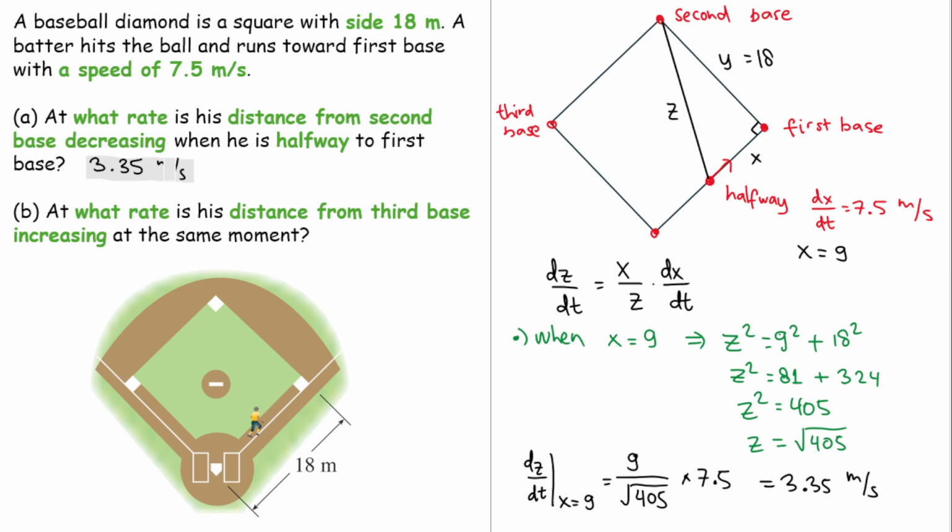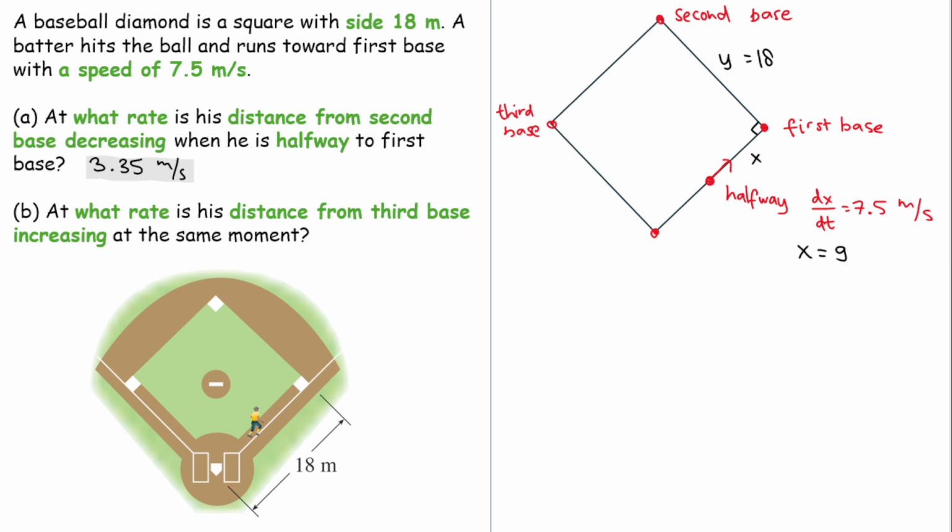Okay, let's clean this up and let's answer question B. Now it is asking about at what rate his distance from the third base is changing. So now we change, starting from the third base like this.